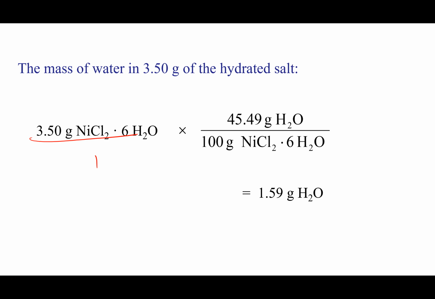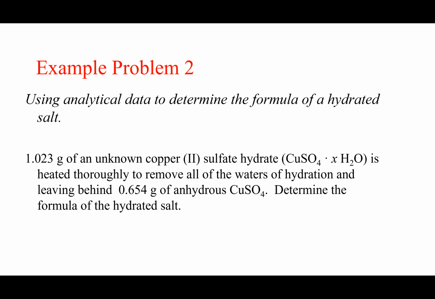So speaking of drying the heck out of it, one more hydrated salt problem, and it's even more of a classic than probably this. It looks like this. And I'm going to draw a little picture here. So we have copper 2 sulfate, but we don't know how many waters of hydration. Thus the little X here, .XH2O.